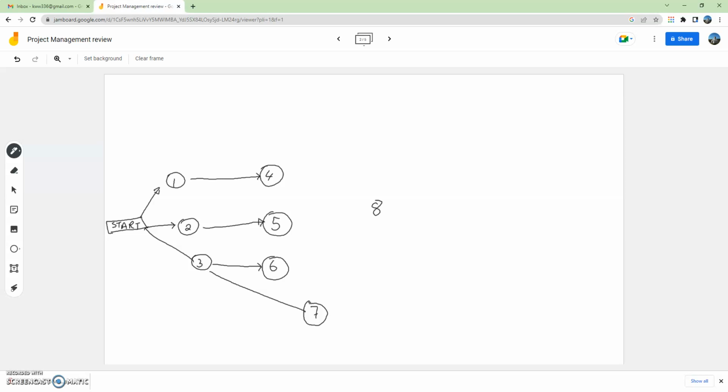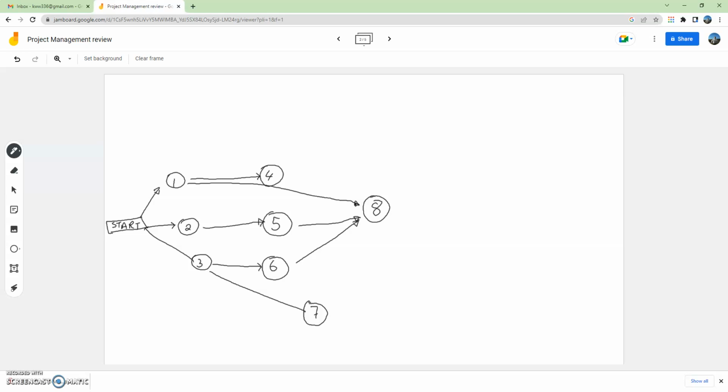So let's put this one right there. We've got to draw these lines roughly straight. 1, 5, and 6. So that means that activity 8 can only happen after all the activities 1, 5, and 6 are completed.